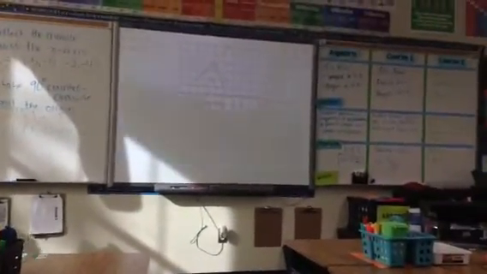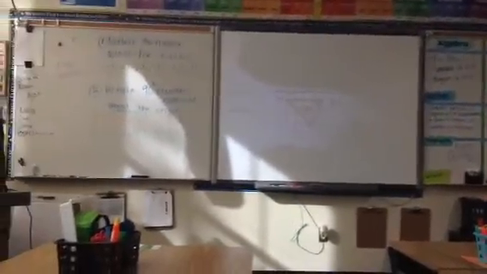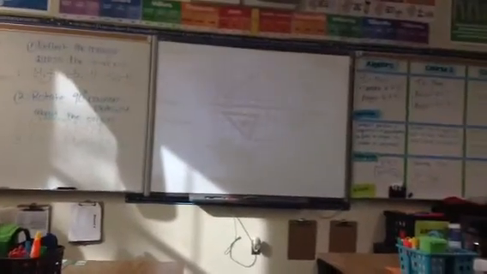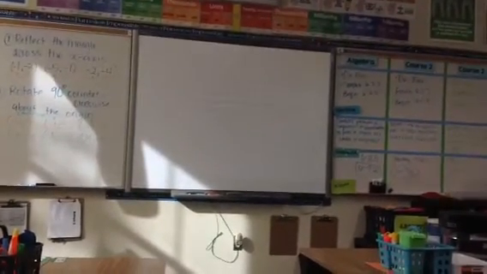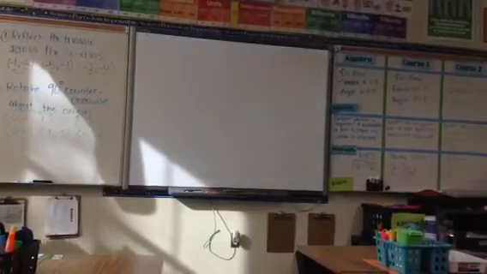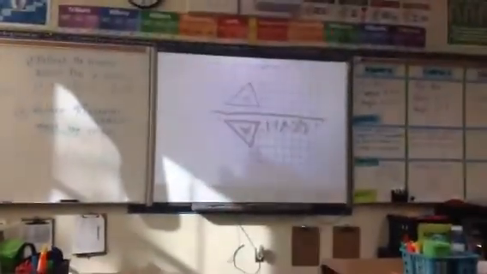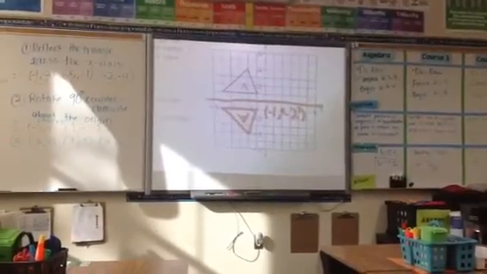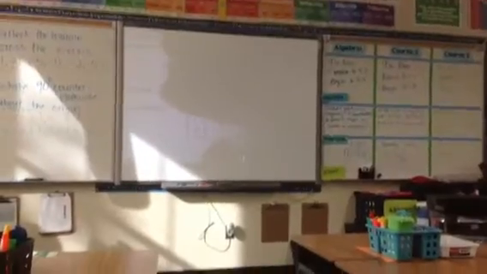Let me plot that for you. So now we have 2, -1. Let me use a different marker. So 2, -1 is right here. 1, -5.